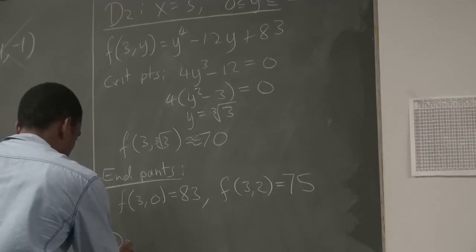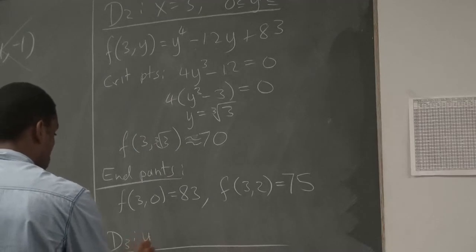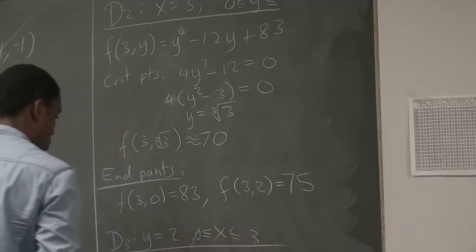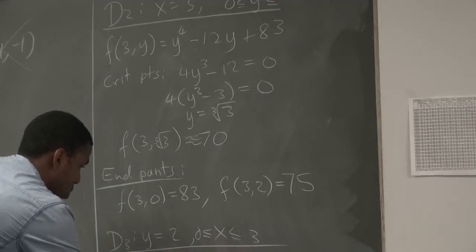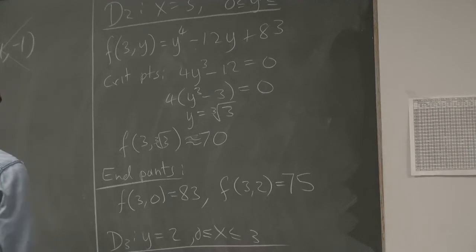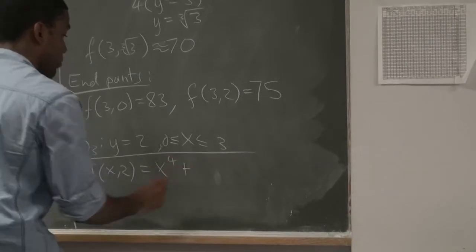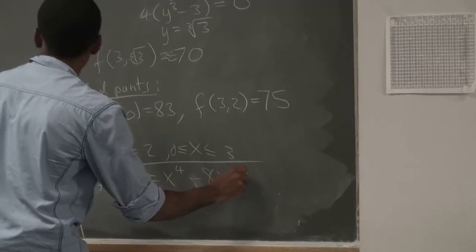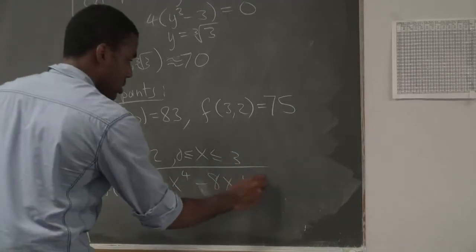And test D3. So here I have f of x, 2, which is, what's the function? x to the 4th minus 8x plus 18.